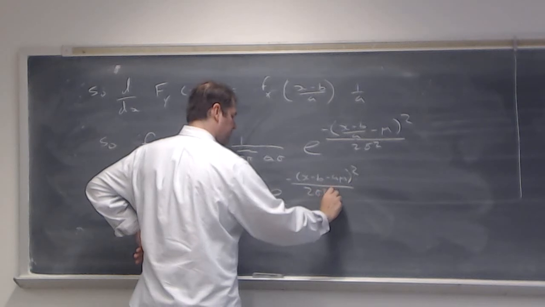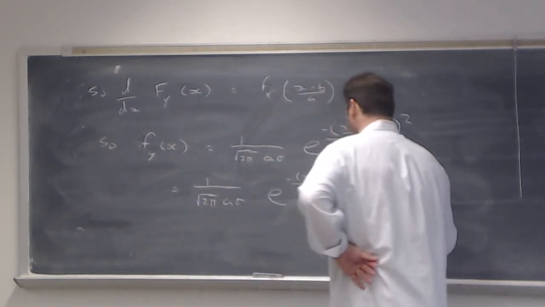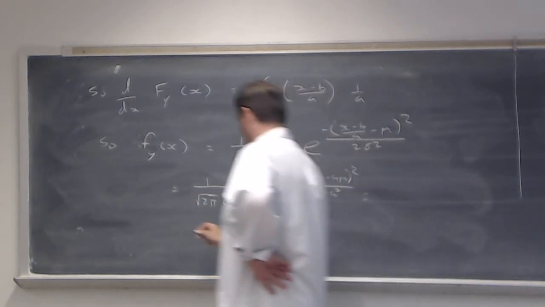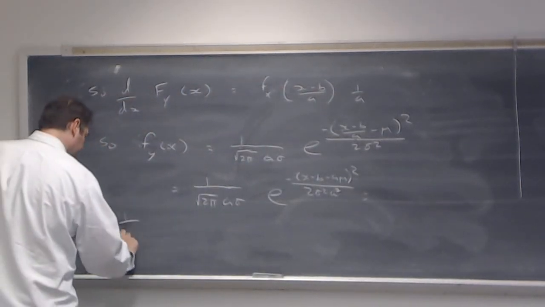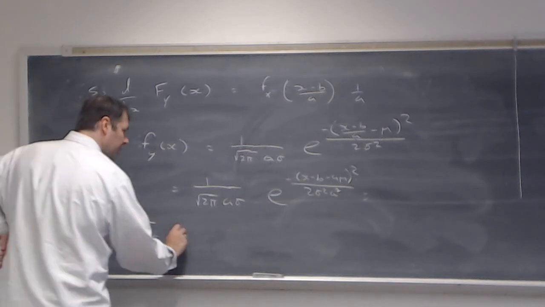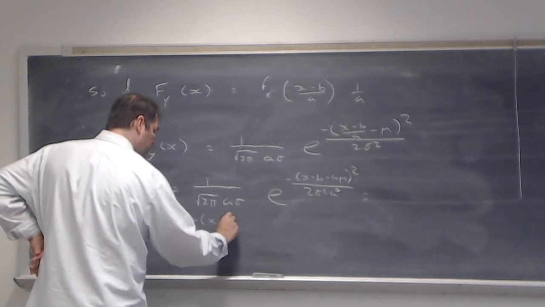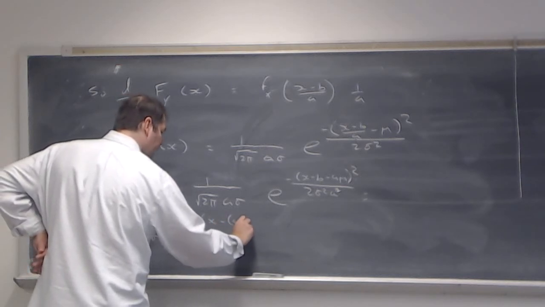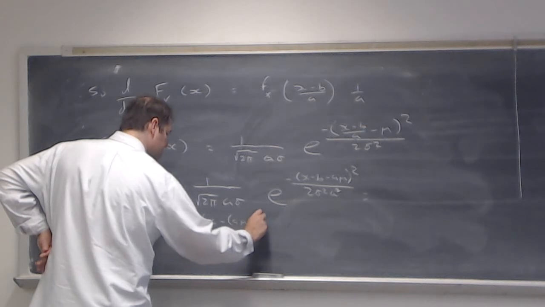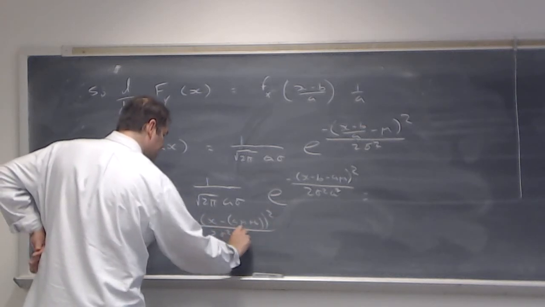It's 2 sigma squared a squared, which is equal to, one more line, 1 over the square root of 2 pi a sigma e to the minus, and I'm writing this down, x minus the quantity a times mu plus b to b squared all over 2 sigma squared a squared.